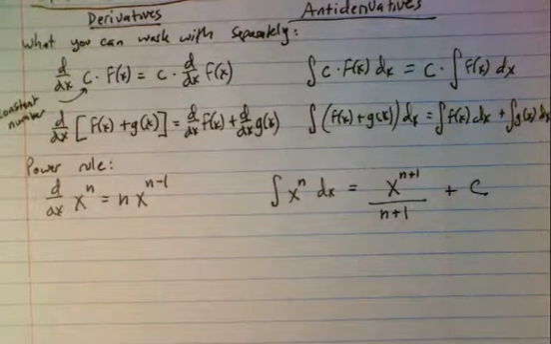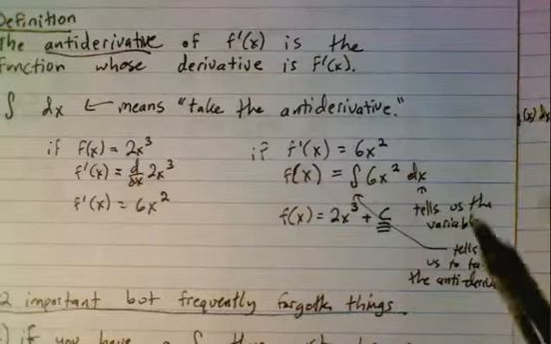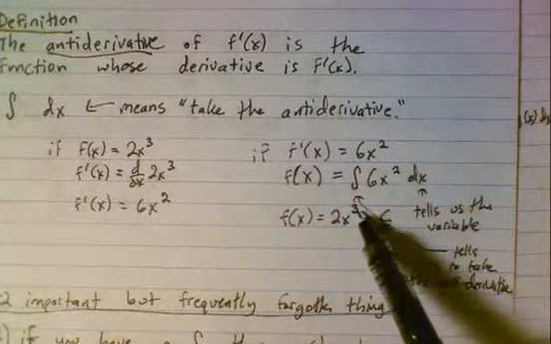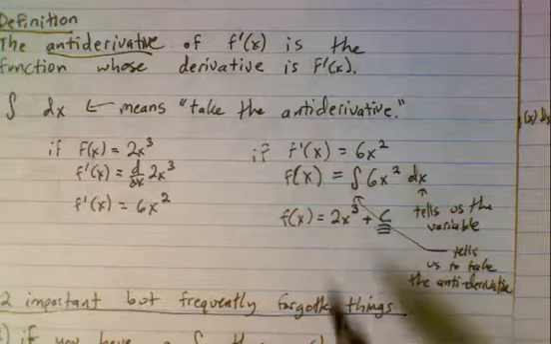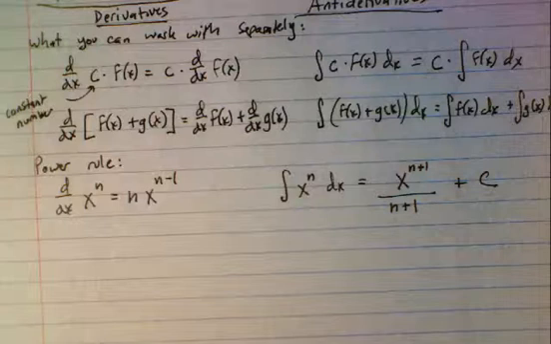There is going to be a plus c at the end, just like I said before. Now notice if we come back to our original problem, that's what was happening. We added 1 to the exponent, got x cubed, divided by 3, and this 6 divided by 3 just became that 2 right there. It's the reverse of what we did to take the derivative.